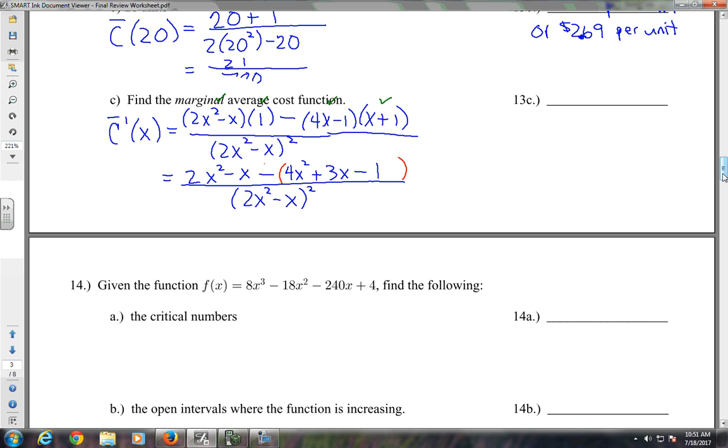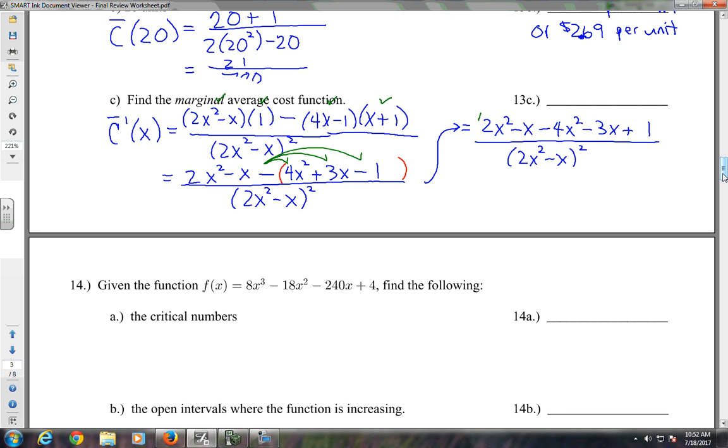Okay, now that we have those red parentheses there, we can break them up by distributing this negative into those parentheses to obtain 2x squared minus x minus 4x squared minus 3x plus 1, all divided by 2x squared minus x quantity squared. Okay, finish up by combining like terms.